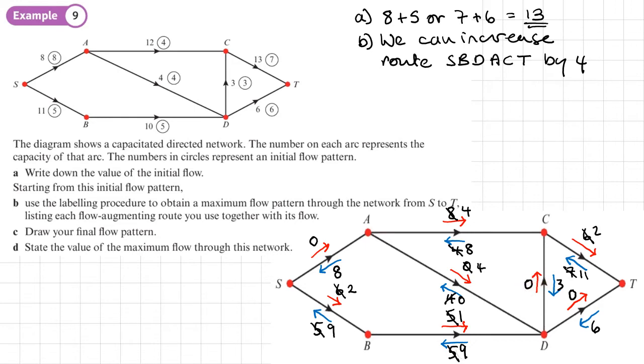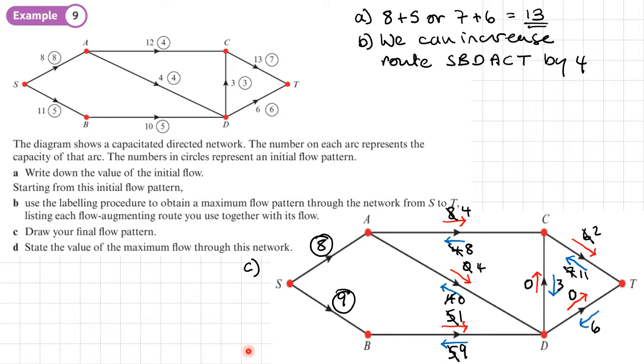So we can do part C, which is now to write down what the final flow pattern is. Remember, that's the numbers that are at the bottom. So for arc SA, that's going to be 8. For arc SB, that's going to be 9. So we can get rid of all the others.